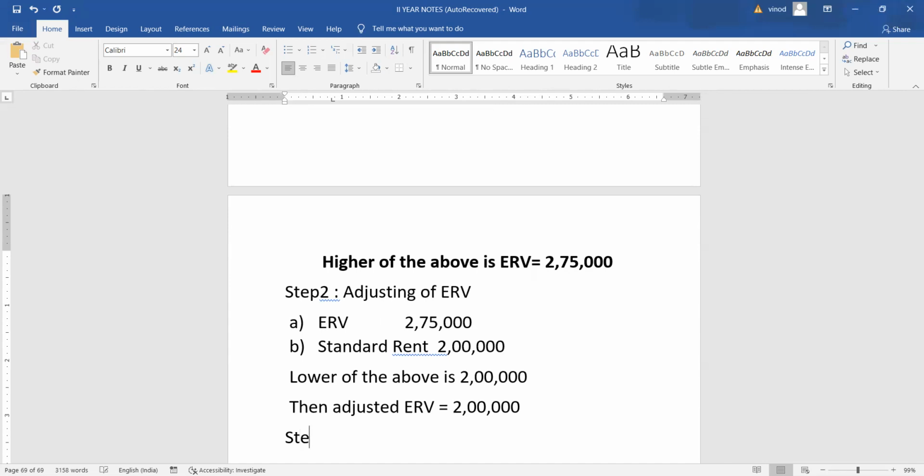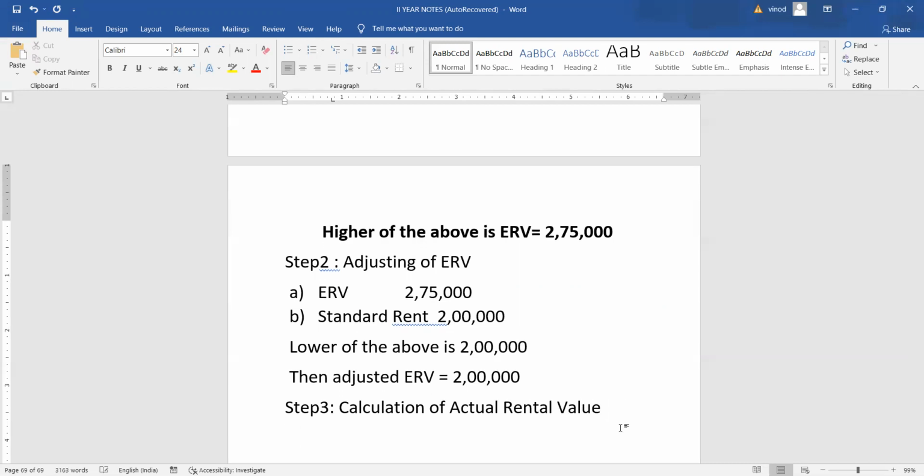Now, in the third step, calculation of actual rental value. As per the information provided in the problem, ARV, actual rental value, is equal to 1,80,000.